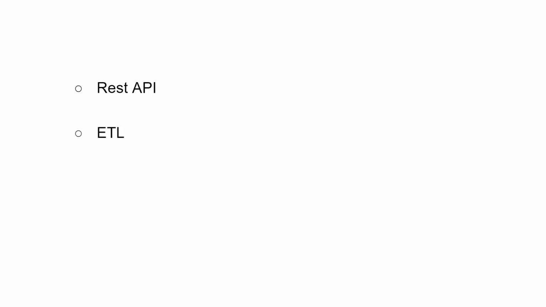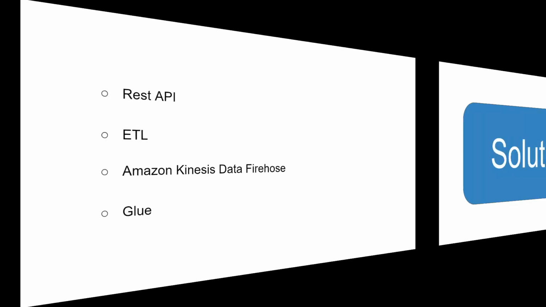And ETL, or extract, transform, load, extracts data from multiple data sources, transforms data into another format, and loads the data to a destination. Amazon Kinesis Data Firehose is an AWS service that provides near real-time ETL with large amounts of real-time data streaming. Finally, Glue is an AWS service providing ETL.